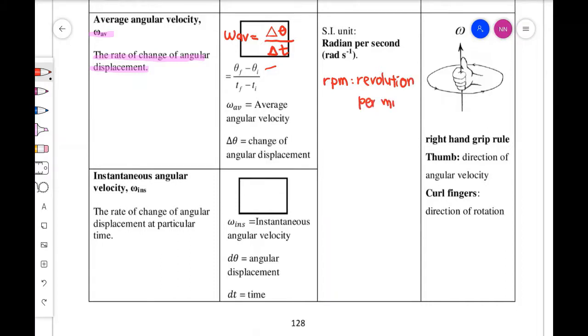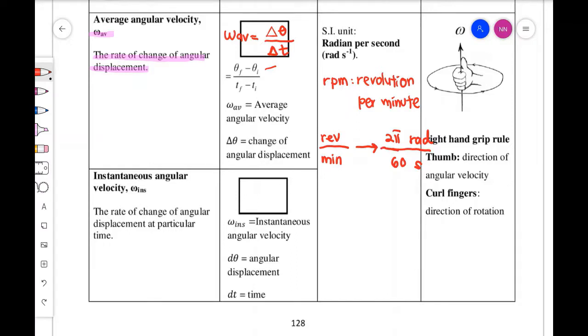This is not an SI unit, so we have to convert RPM to radian per second, where 1 revolution equals 2 pi radian and 1 minute equals 60 seconds.